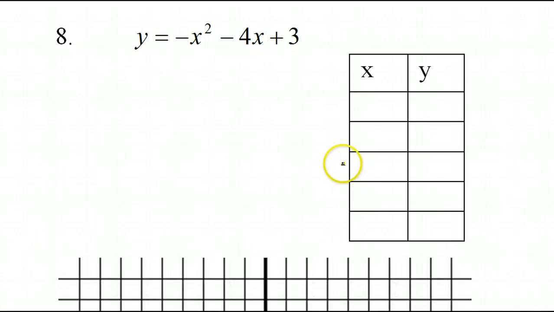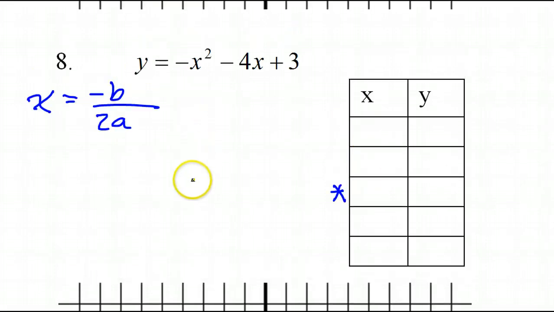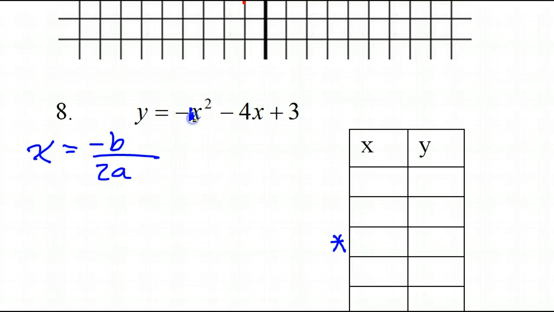Okay, if I want to find the x-coordinate of my vertex, the axis of symmetry, I will use the little formula that goes x equals the opposite of b over 2a. This will give me the axis of symmetry and simultaneously the x value of the vertex. Looking at this equation, I know I've got this little 1 here, so a is negative 1, b is negative 4, and c is 3.